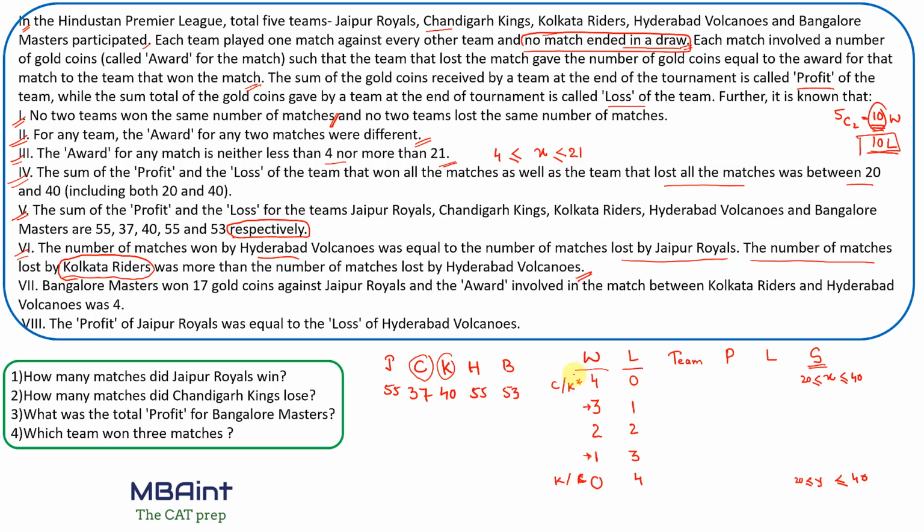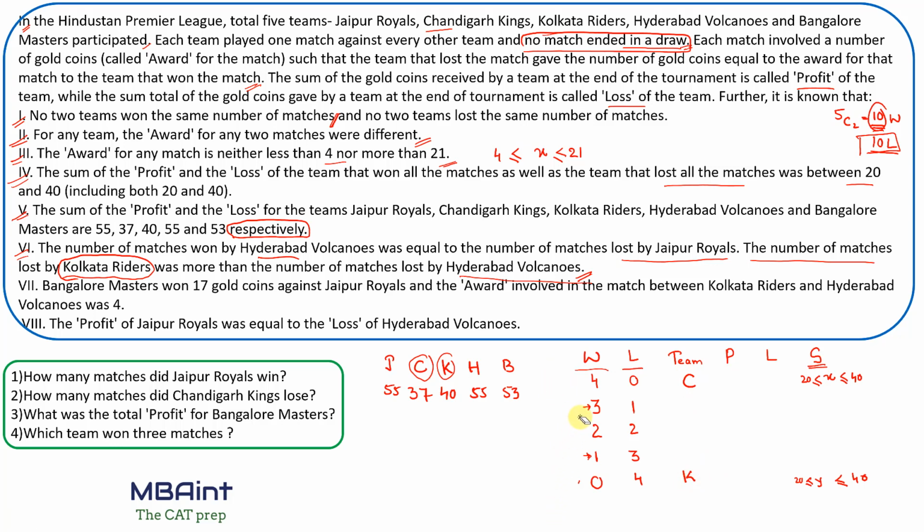And the possible place for Kolkata is either the team that wins all the matches, or the team that loses all the matches. And we know that Kolkata definitely loses matches, and that is in fact more than that of Hyderabad. So this would be Kolkata for sure, and this would be Chennai then, right? So let's write it over here. This is Chennai and this team is Kolkata, right?